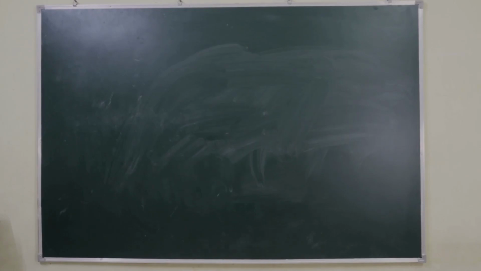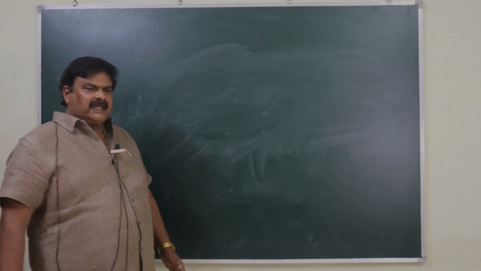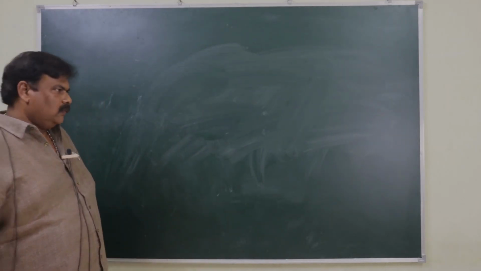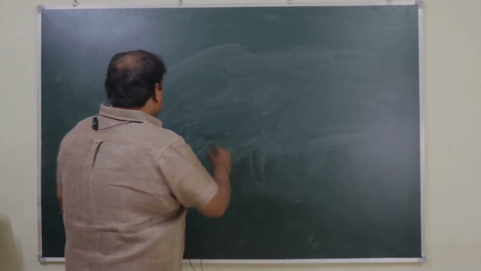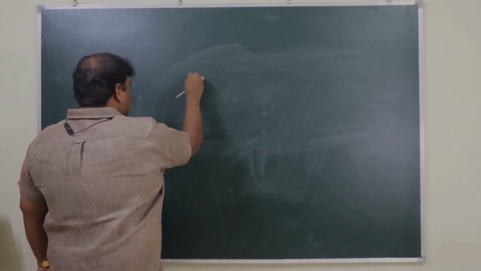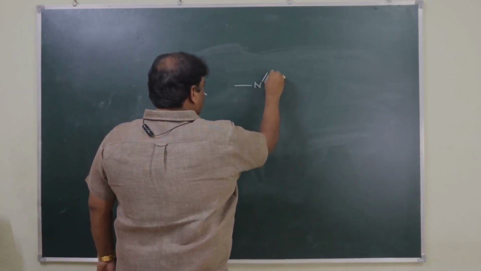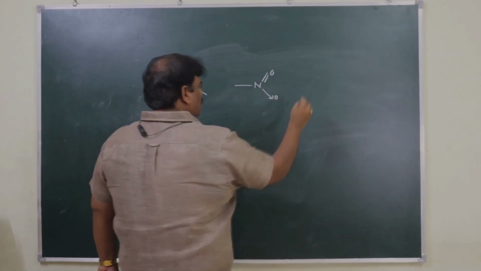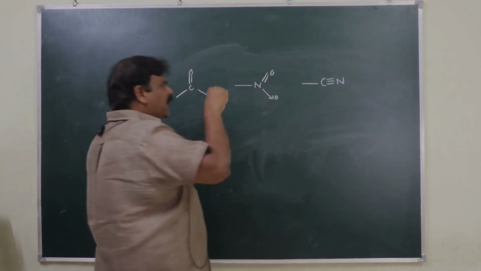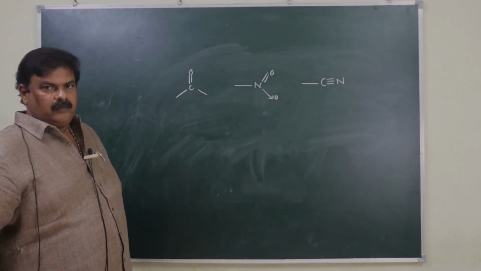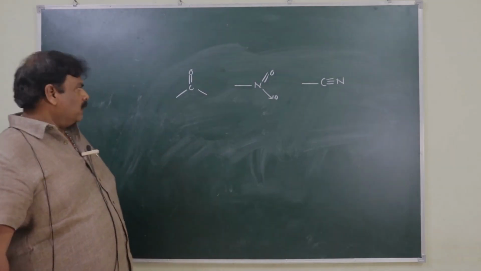All compounds do not exhibit tautomerism and do not have tautomers. Those compounds with polar groups such as C=O, NO2 and nitrile groups with alpha hydrogens exhibit tautomerism and have tautomers.